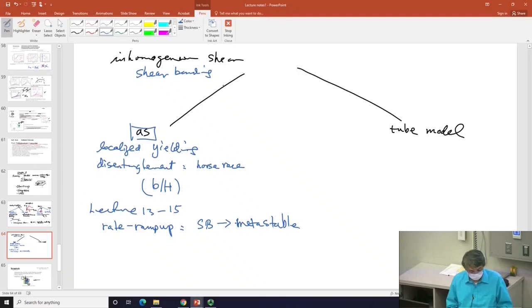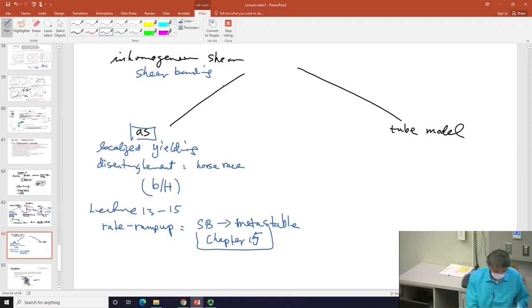I'm not going to struggle to look for which lecture covered this, because that's discussed basically in chapter 15, actually. This aspect is also in chapter 15. Let me double check. It's also in chapter 15 where we talked about what the tube model says about shear banding. No, it is 15.